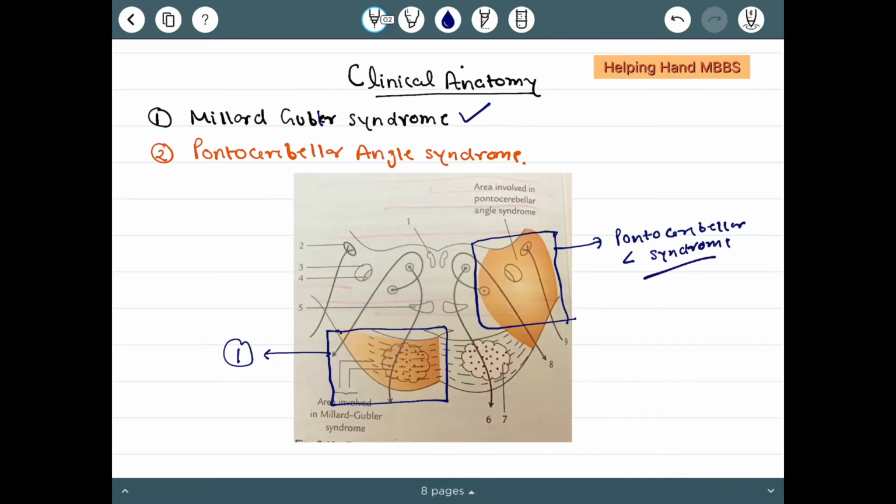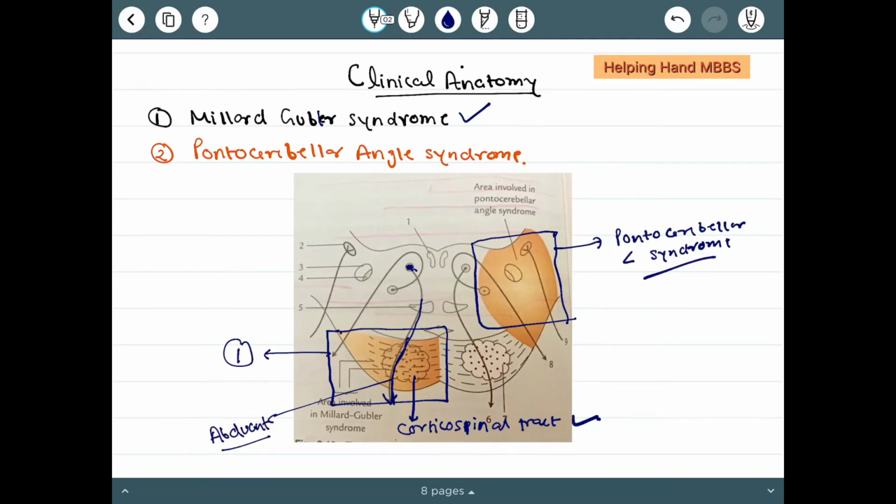What I want you to appreciate here is the structures involved in this yellow part. The yellow part is affected. You can see clearly that in the previous diagram I showed the corticospinal tract present here, and this was our abducent nucleus. So this will be our abducent nerve, which is crossing through this yellow part, so the abducent nerve is also affected.